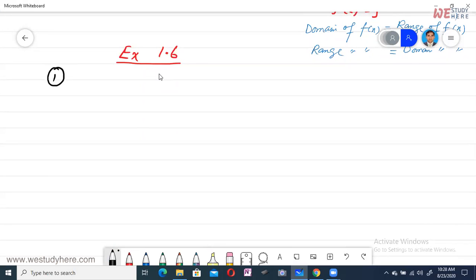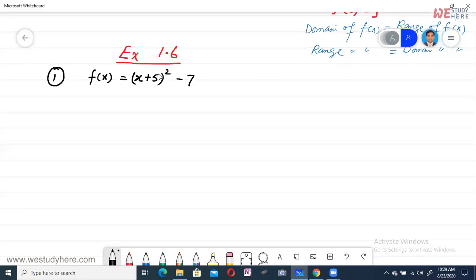The function is given, f of x is equal to x plus 5 all square minus 7, for x greater than or equal to minus 5. Find an expression for f inverse of x. We have to find the inverse function of this function.